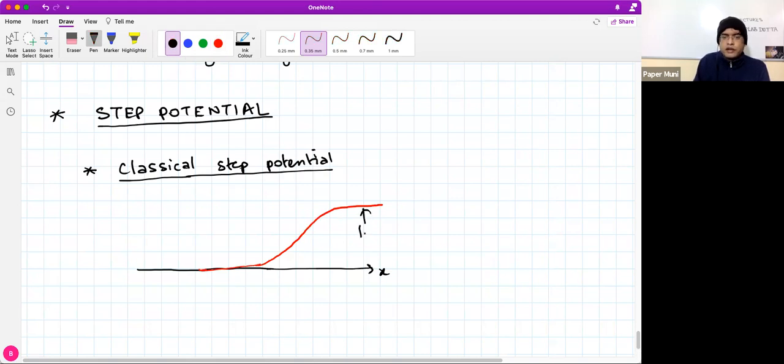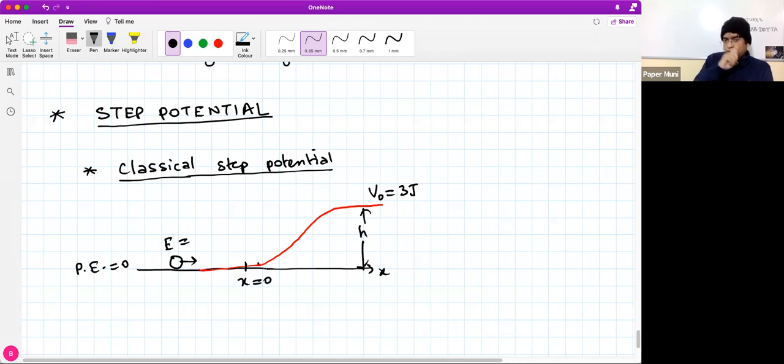Let's say we have a ball here, and we are giving it energy E. The potential energy at the top is equal to 3 joule due to gravity, the gravitational potential energy. The potential energy at the ground level, the reference point, is 0. Let's say this is x equal to 0.